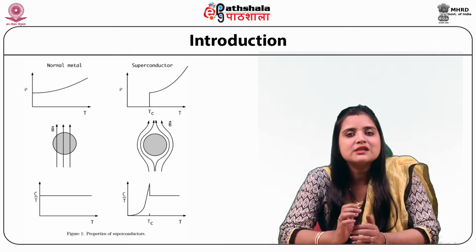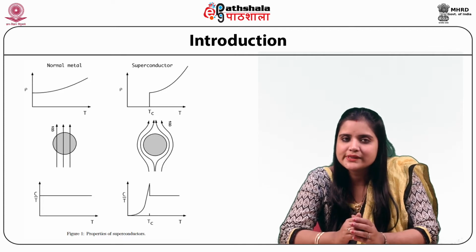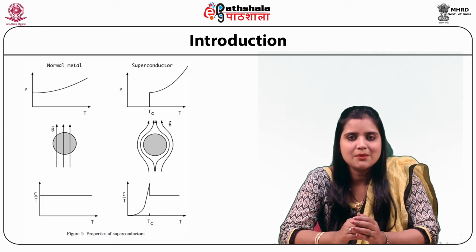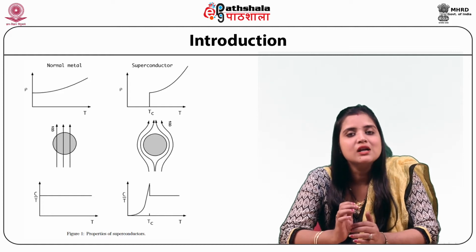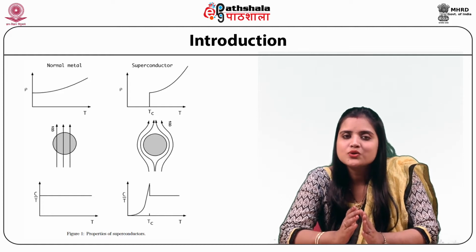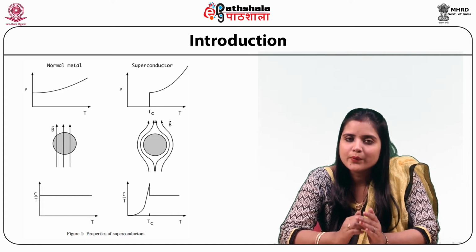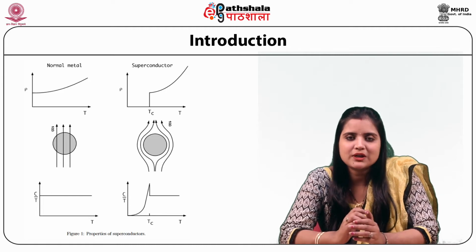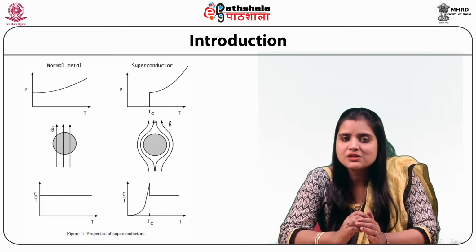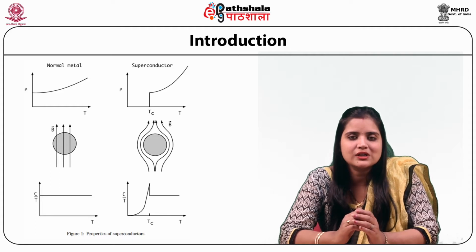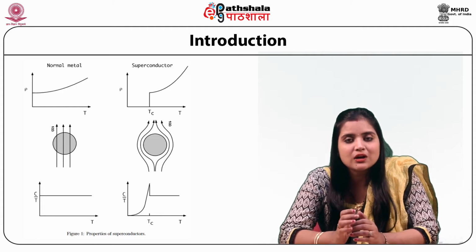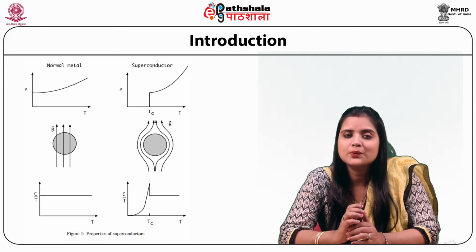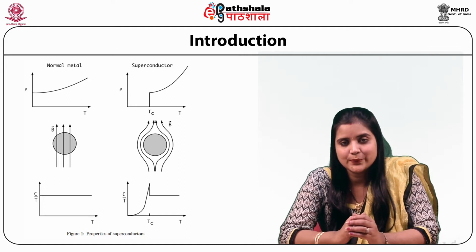Later on, the same phenomenon was also discovered for other metal elements such as lead, tin, and aluminium at critical temperatures lying between 4 to 10 Kelvin. However, the microscopic mechanism of such an unexpected behavior of the metals at some critical temperatures, known as superconductivity, was not discovered until 1957.